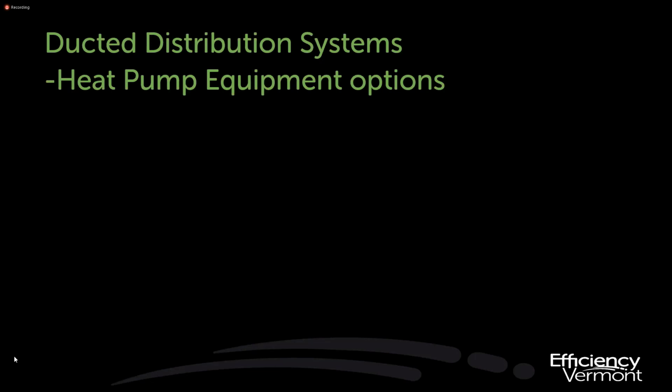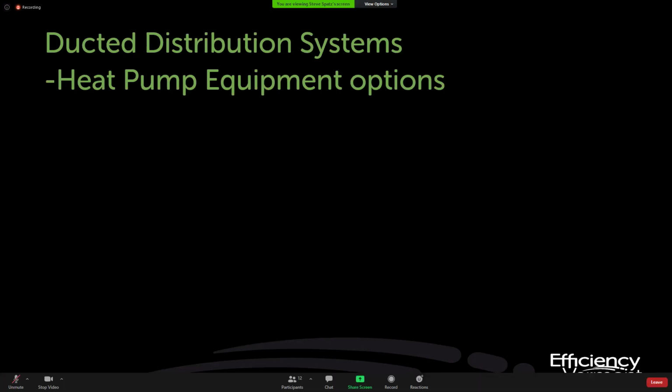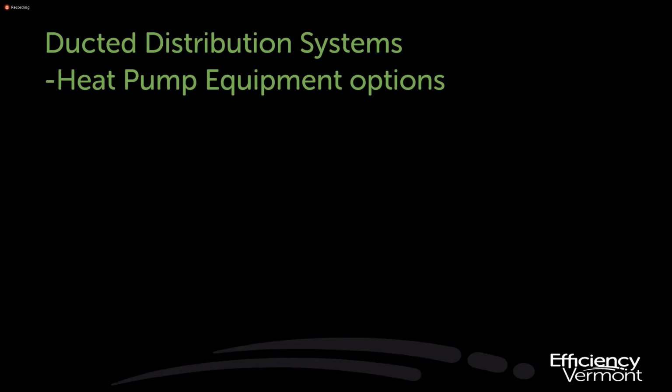So, options. The principles that we're talking about here cover any sort of equipment option that you're going to use for creating heat or providing cooling. I'm going to talk about some of the heat pump equipment options here for ducted systems, because we are moving in this direction of strategic electrification, switching from a fossil fuel-based heating economy towards efficient electric.